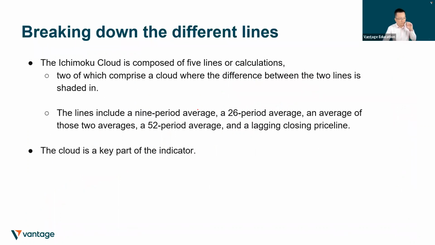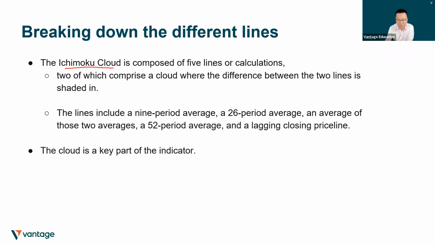So coming back to this, the Ichimoku cloud, I want you to pay attention to it. The cloud is composed of 5 lines. I was debating whether to give you the calculations of the lines, the different ways to calculate them, but in the scheme of things, you never come to a situation where you need to calculate the lines.